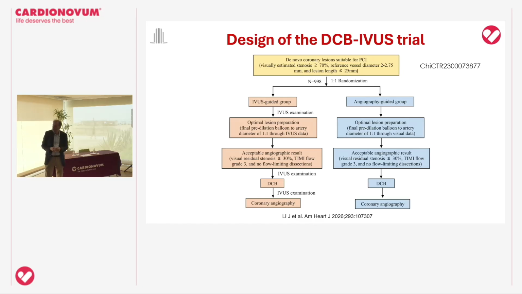After vessel preparation, IVUS will also be performed, and also after DCB application, which is a matter of discussion, whether to use IVUS at the very end of the treatment, or just before applying DCB. And in the angio-guided arm, of course, IVUS will not be performed. This trial is a Chinese trial. We'll see how the results appear in the future.